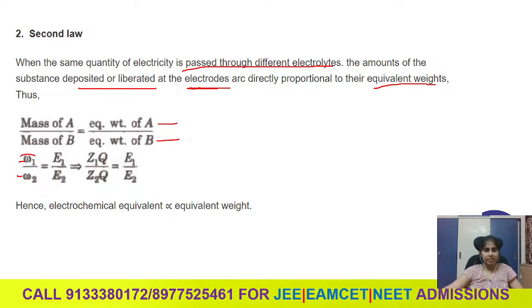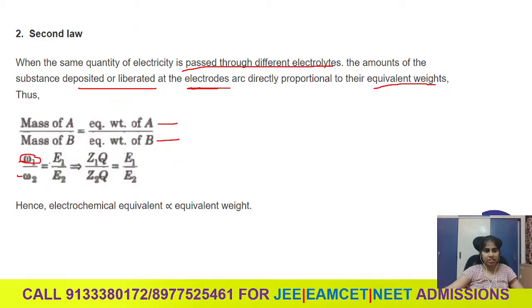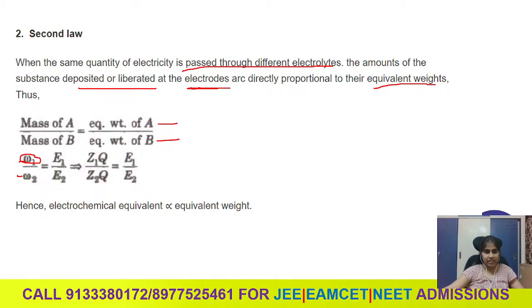From the first law, what is the weight collected? That is given by Z into Q, the electrochemical equivalent into the charge. For the first solution we take Z1 and for the second solution Z2, and the same amount of current is passed, right?